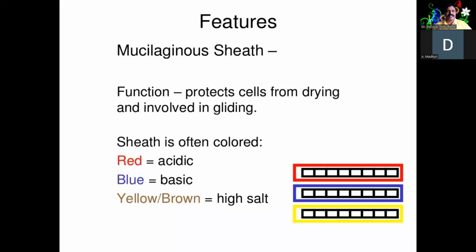So in this, madam has explained the sheath is often different colors, observed in the aquatic ecosystem, just because of the pigments.